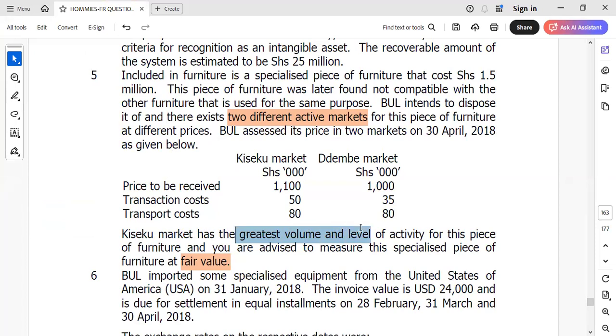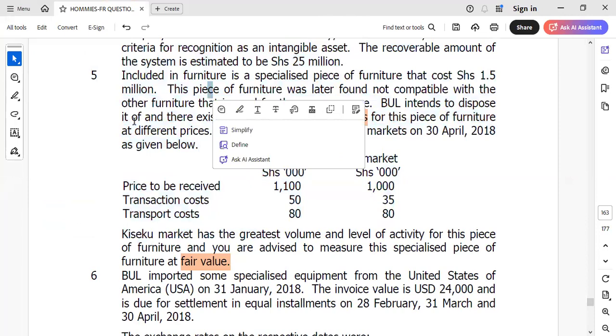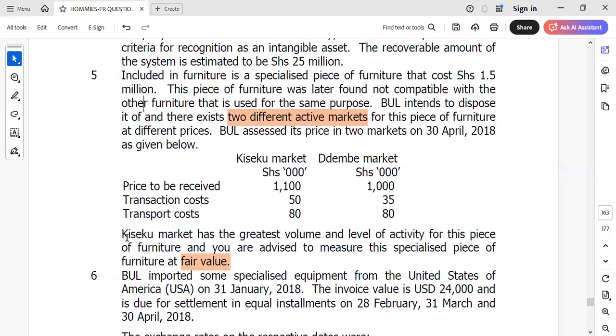So it means that the CPA market is where this furniture is being transacted with the highest volume. So that one will be your principal market. And once you identify the principal market, you don't need to worry about the most advantageous market.